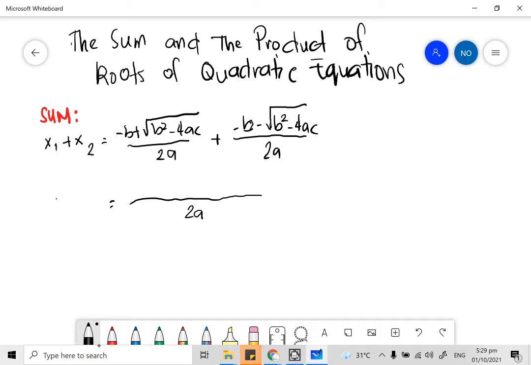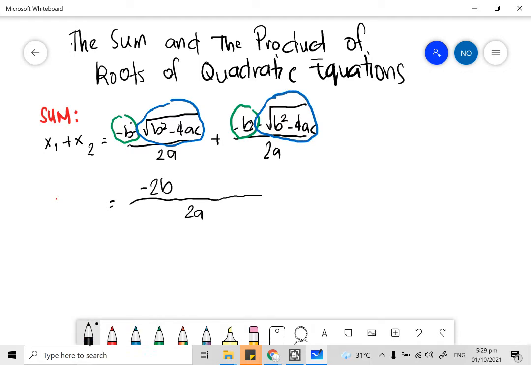Okay, combining like terms tayo, we have negative b plus negative b. Okay, so dalawang negative b, ang sagot ay negative 2b. Kuha, sunod. Ang next naman natin ay etong positive square root of b squared minus 4ac plus negative square root of b squared minus 4ac.